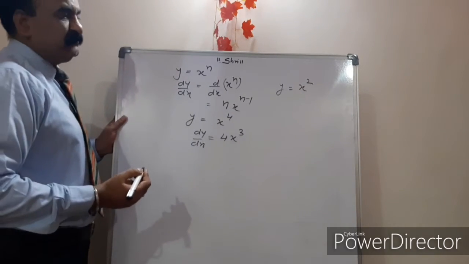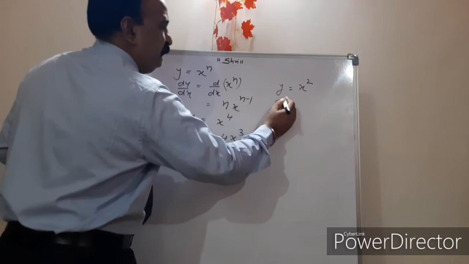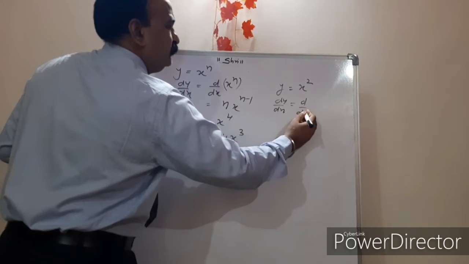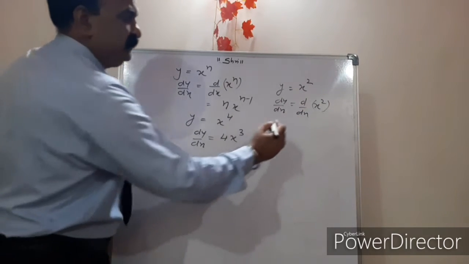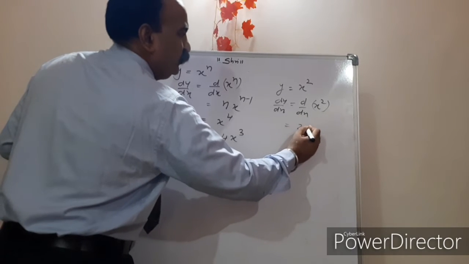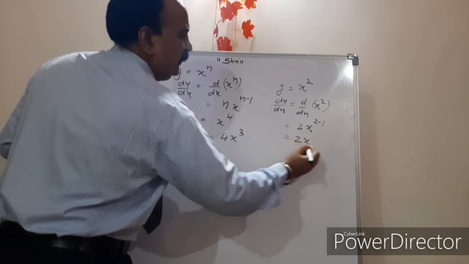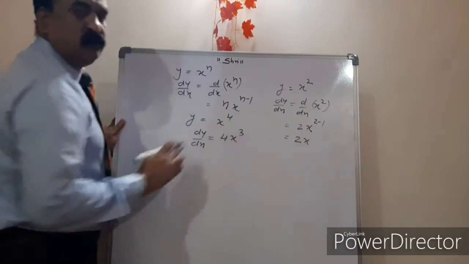If you want to differentiate with respect to x, dy by dx is equal to d/dx of x square, and d/dx of x square means power 2 will be here, 2x to the power 2 minus 1, it means 2x. It means the differential coefficient of x square is 2x.